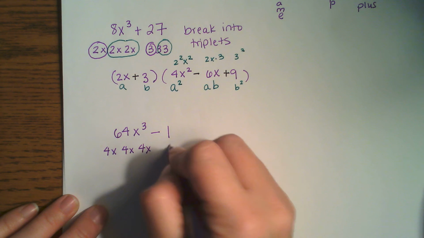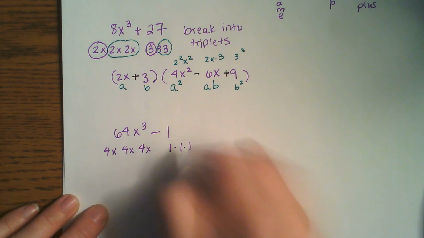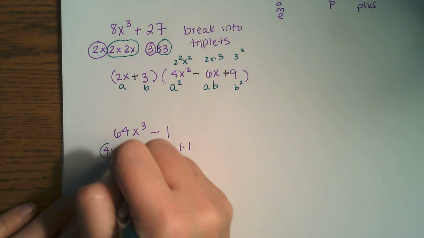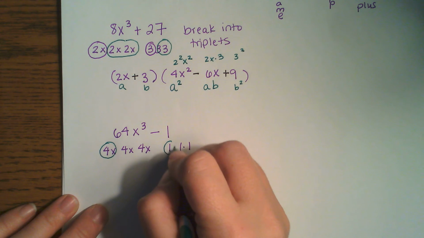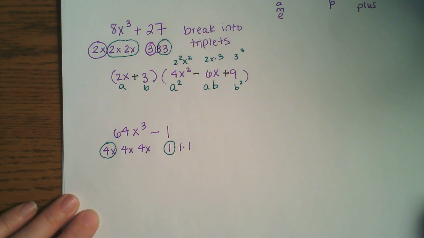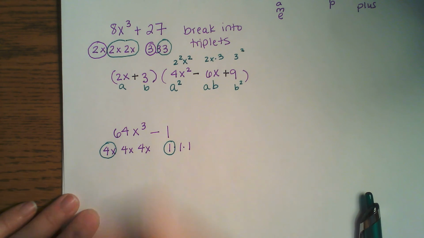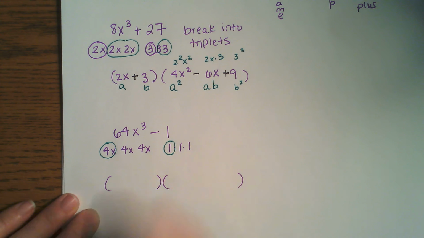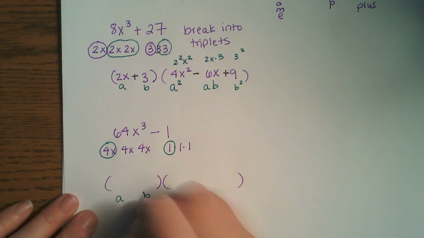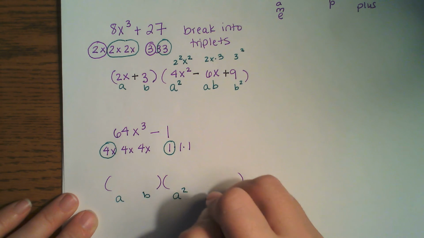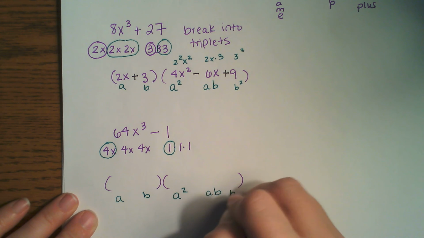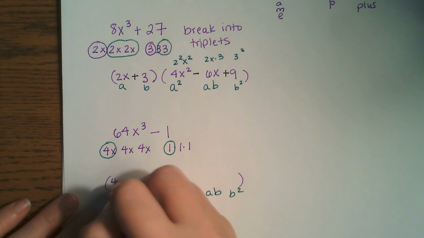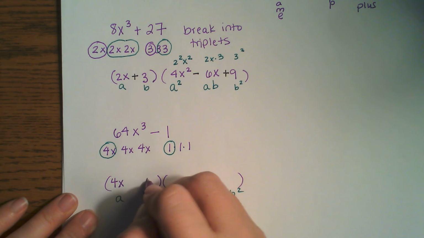And 1 is 1 times 1 times 1. So here's A and B. So 4x and 1.